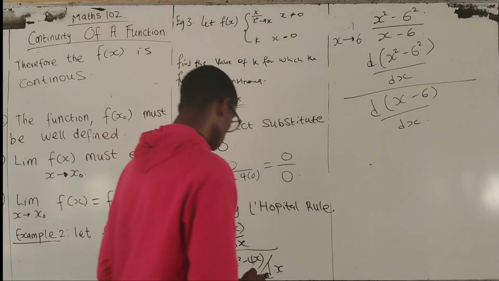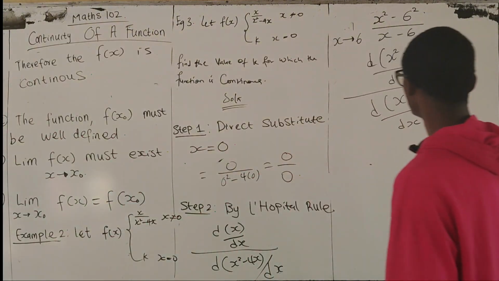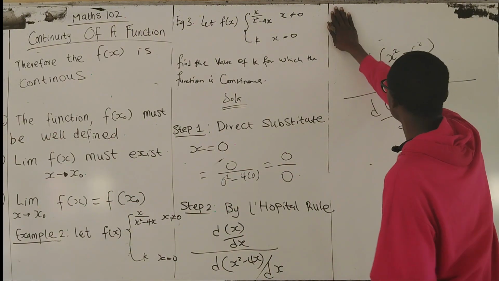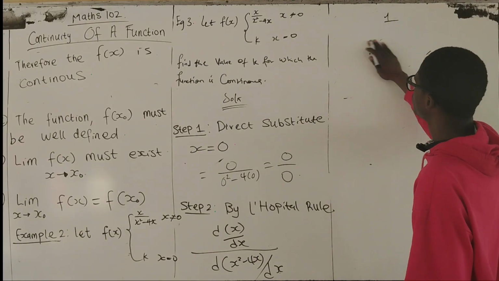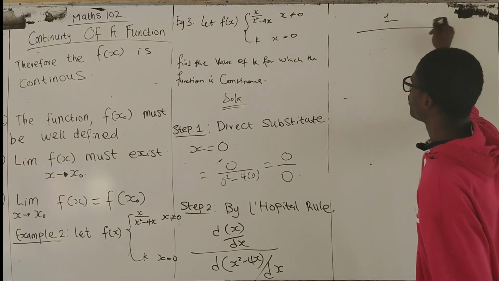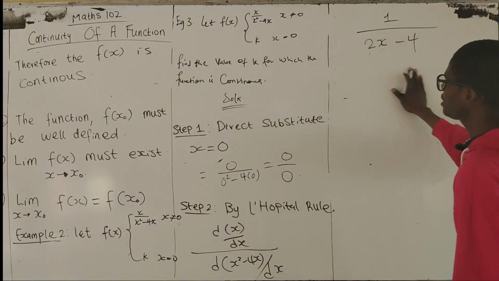That's what we're doing. What will it give you? It will give you 1, differentiating this, all over differentiating the denominator separately, 2x minus 4, right?